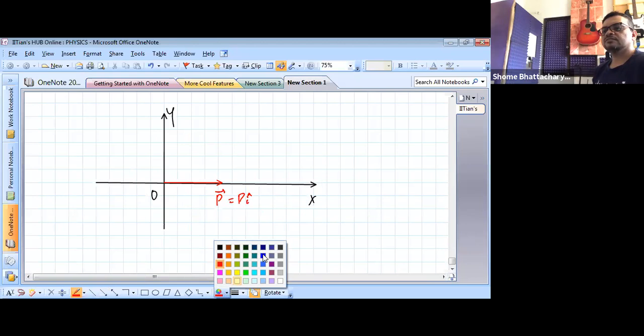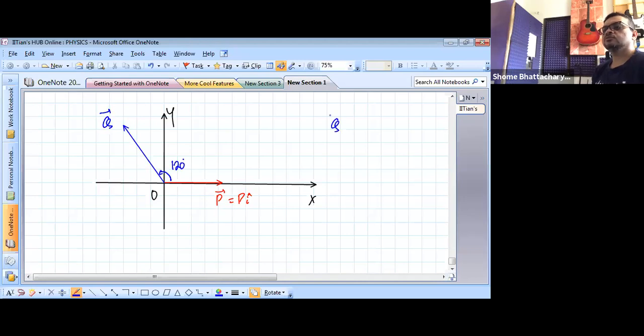Now in comparison, the vector Q will have to be at 120 degrees to this. So if this angle is 120, the vector Q will have to become minus Q by 2 i cap plus root 3 by 2 Q j cap.